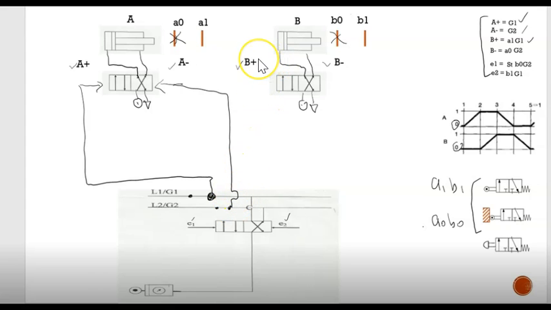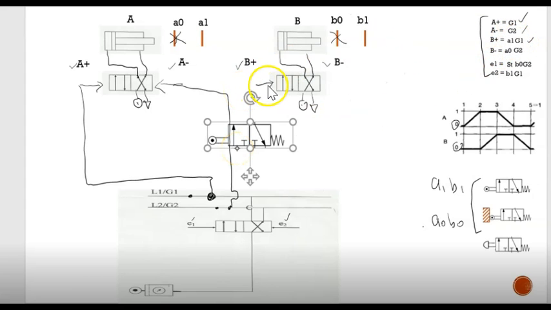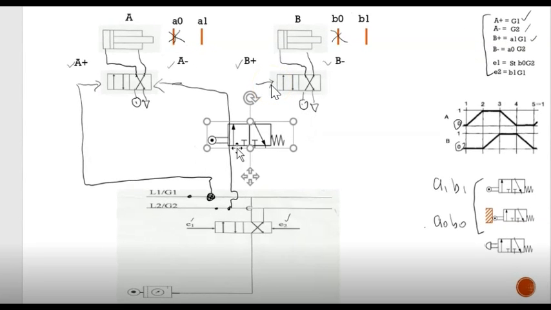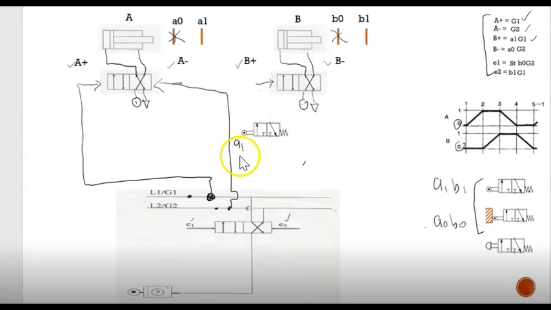Now we're going to do the B plus, which is at A1 G1. A1 here, we already know we're going to use this limit switch A1. So we bring it here, and A1 will go to G1. So name it A1.